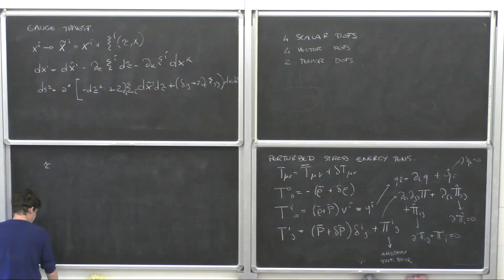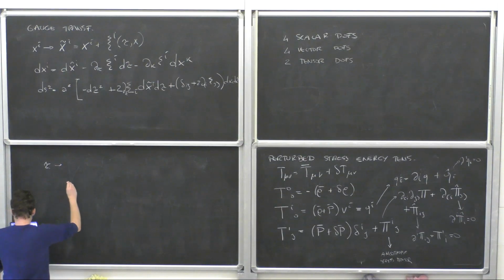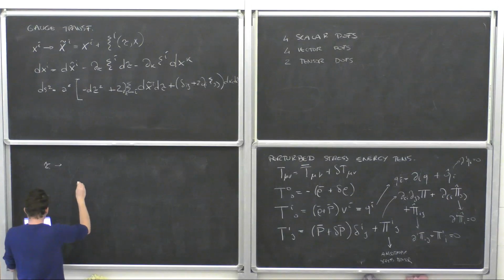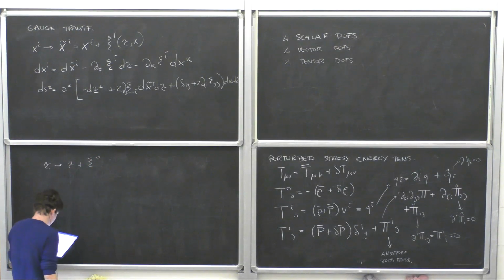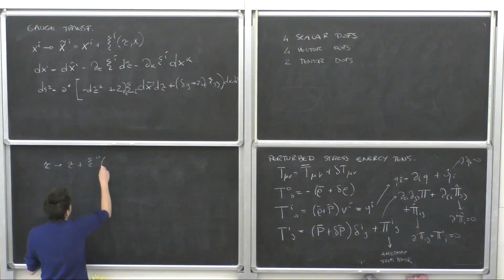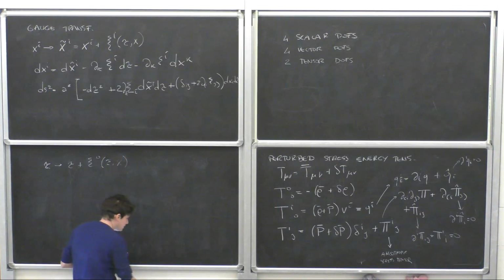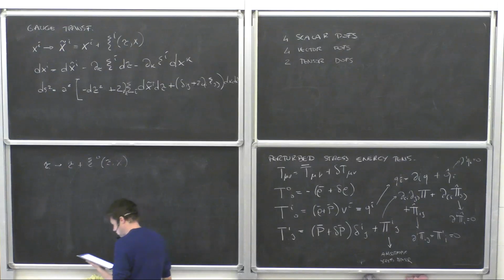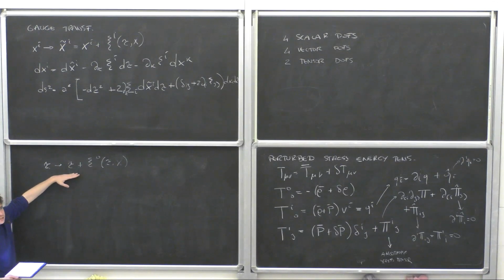So we take tau and we send tau to tau plus some function that depends on time and space. Okay. So this is a change in my time slicing, okay?